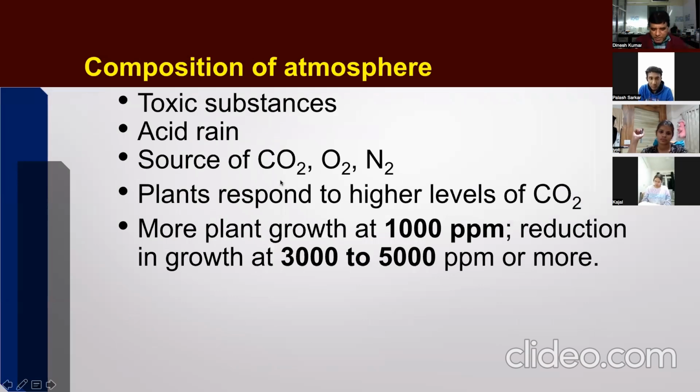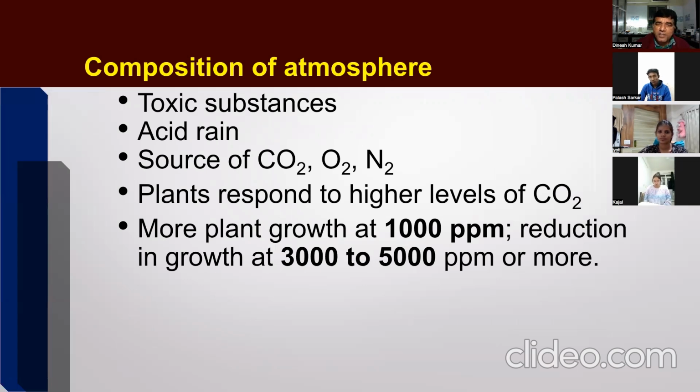Next is the composition of the atmosphere, your air. Composition of atmosphere means how much CO2 is there. To be very simple, as CO2 concentration increases in the atmosphere, photosynthesis increases. People have done a lot of research on this and found that up to 1500 ppm, if you increase carbon dioxide concentration, photosynthesis increases.